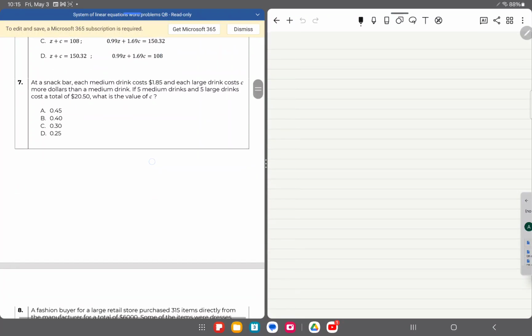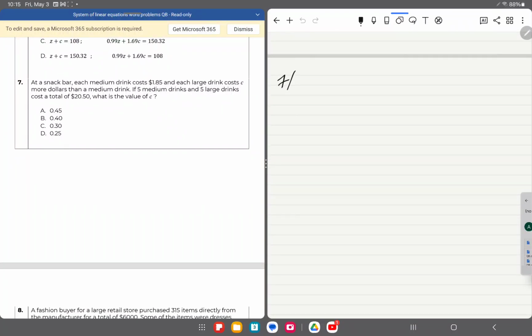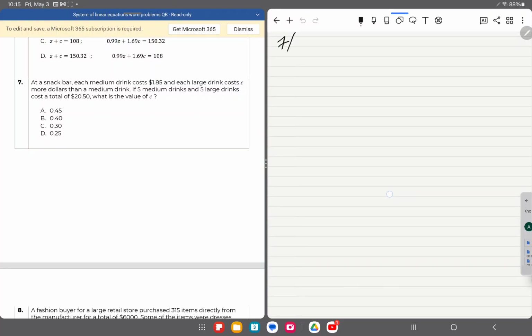So let us go to 7. We finished 6, let's go to 7. Now, at a snack bar, each medium drink is $1.85. And the large drink costs C more dollars than the medium.